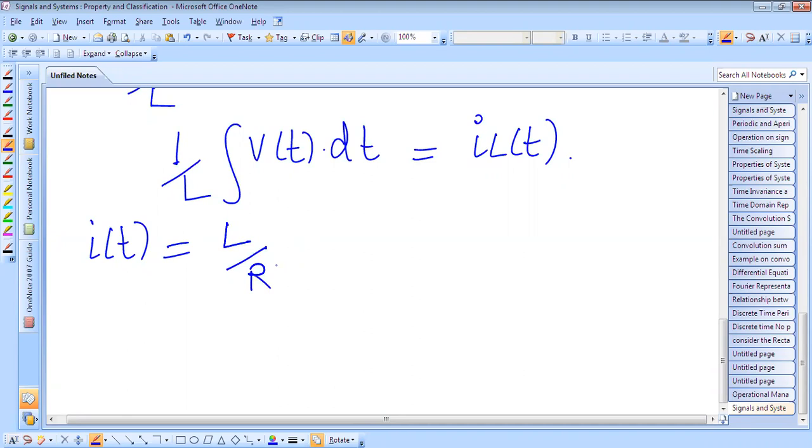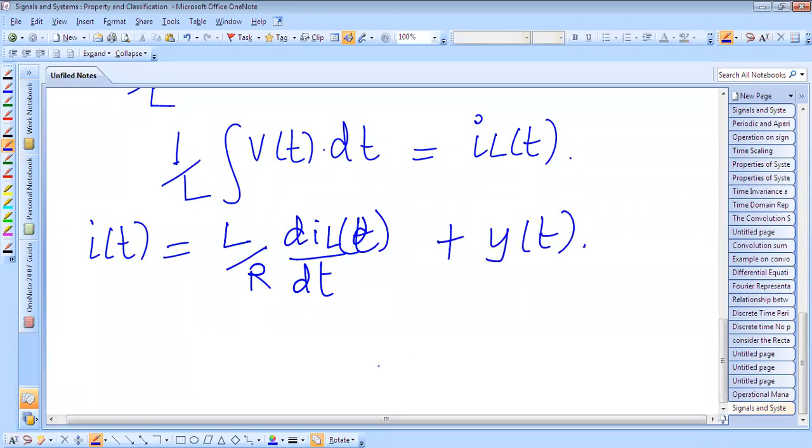So it is L into diL of t by dt, plus this output, that is y of t. The current flowing through the inductance iL of t is equal to y of t.